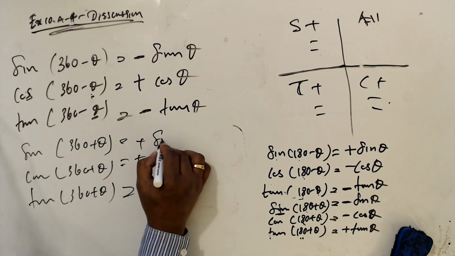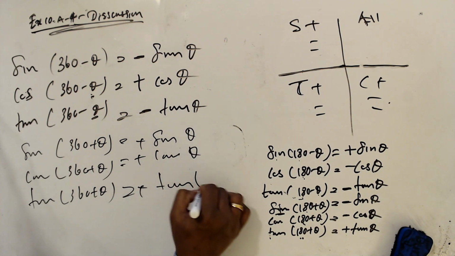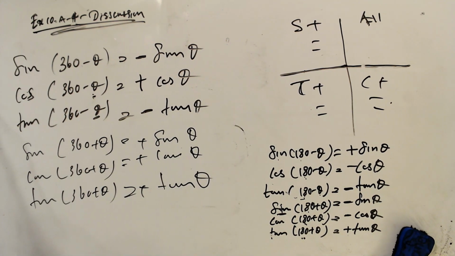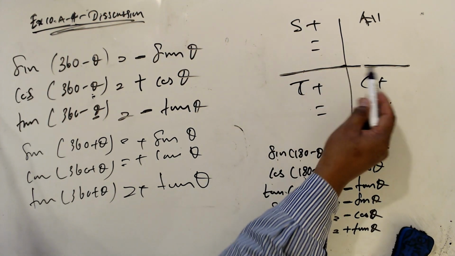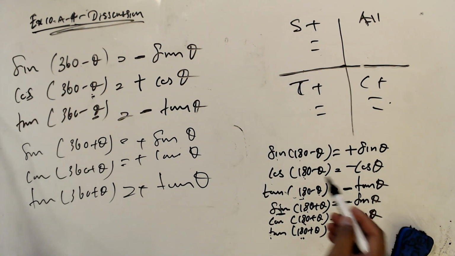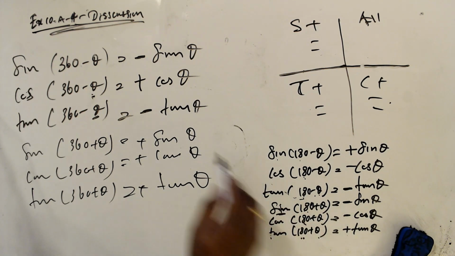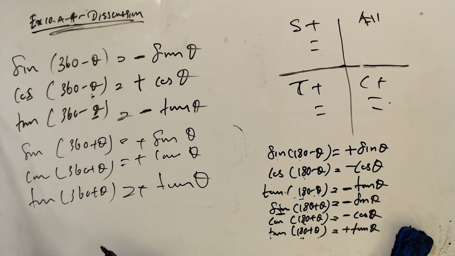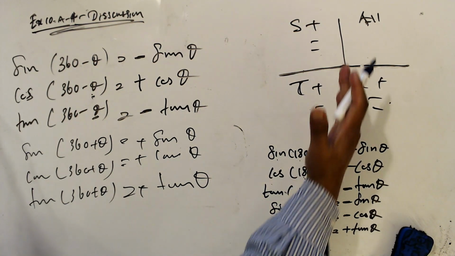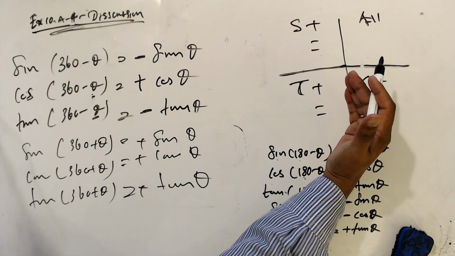Then simply write sine, cos, tan, and theta. So we took the help of the x-axis: 180 minus theta, 180 plus theta, 360 minus theta, 360 plus theta. We can use the y-axis as well, 90 plus theta, minus theta.